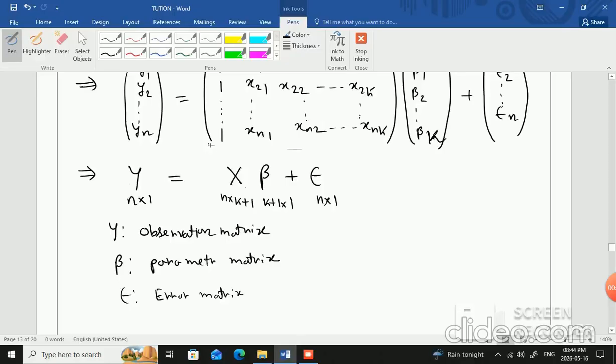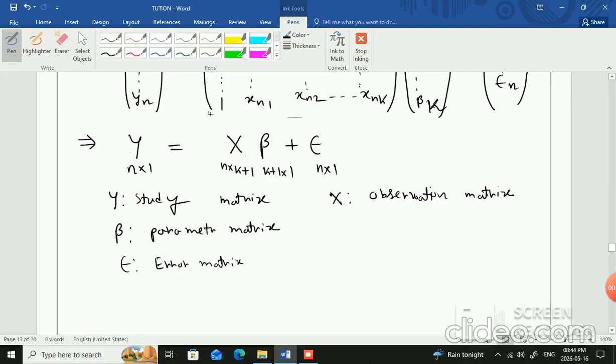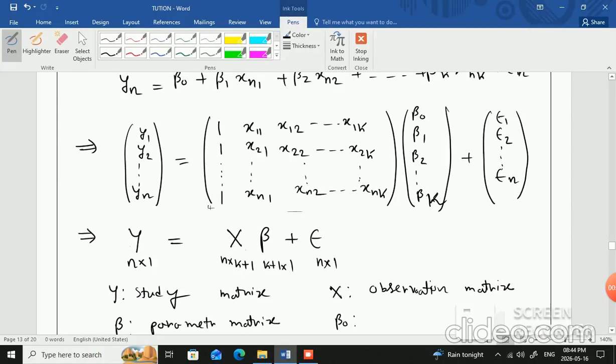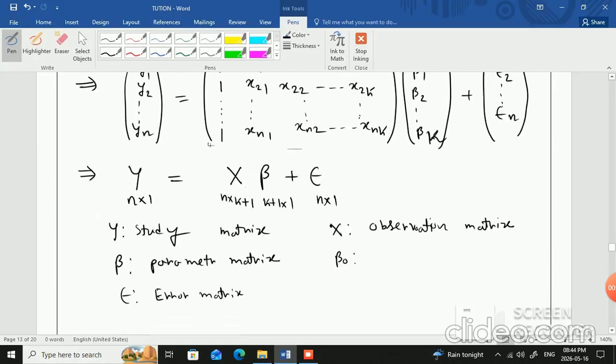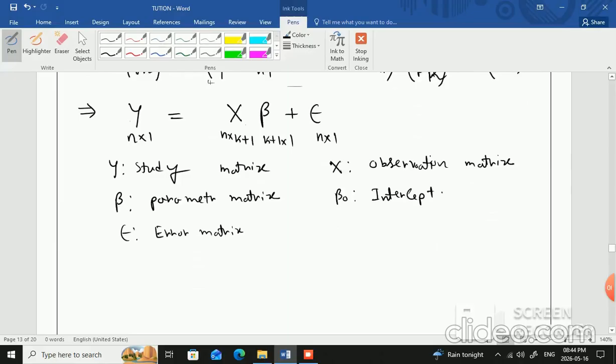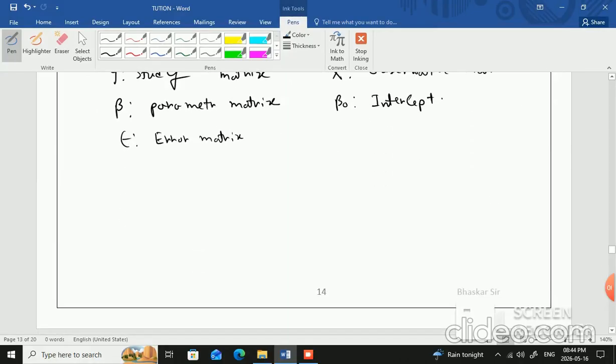Y is also known as the study variable matrix, and X is denoted as the observation matrix. Here beta naught is the intercept. For beta naught we get the column of 1s in the matrix X. We already discussed the intercept in simple linear regression.